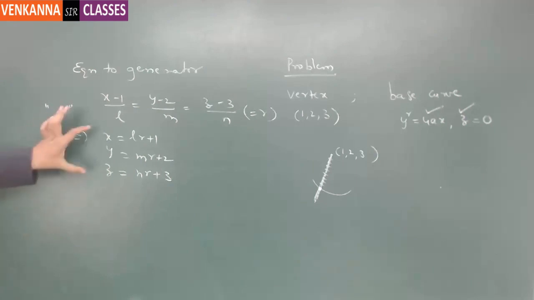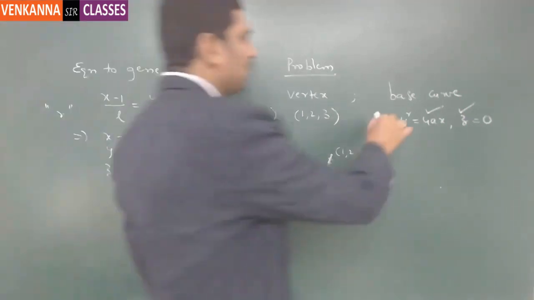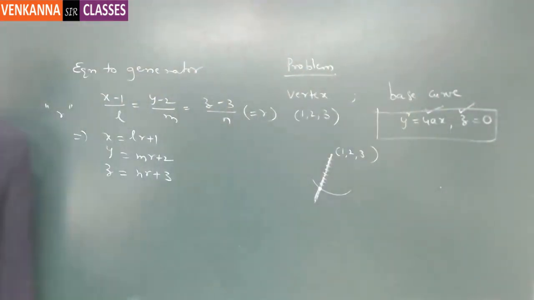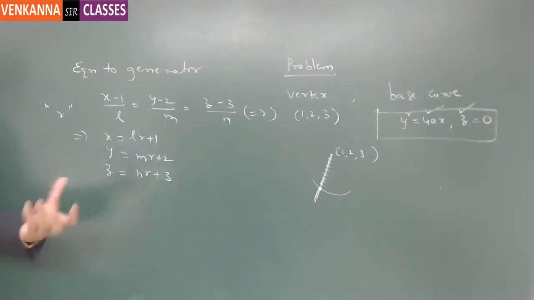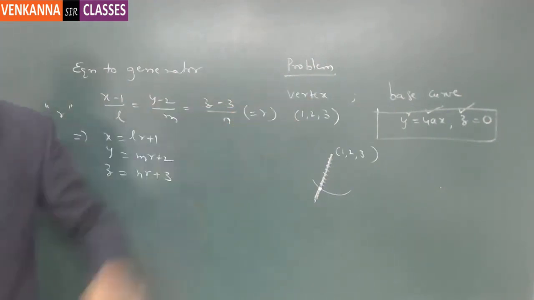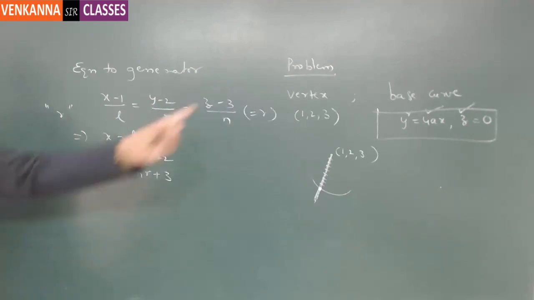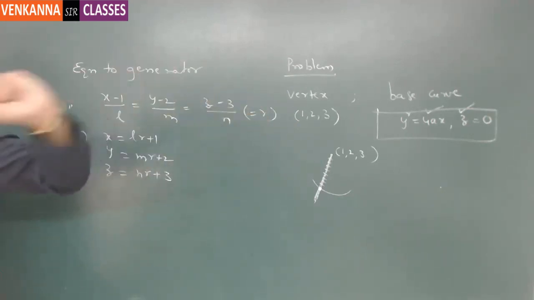So this point will satisfy the base curve equations. So I can substitute the values in either of the two, because this point commonly belongs to the two things which are given there.